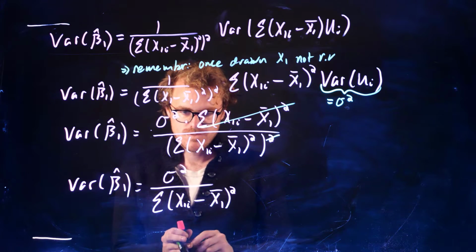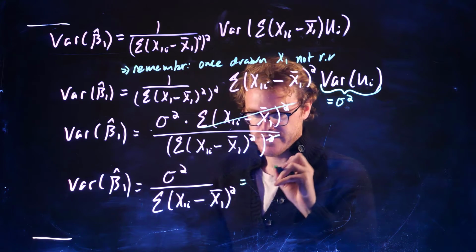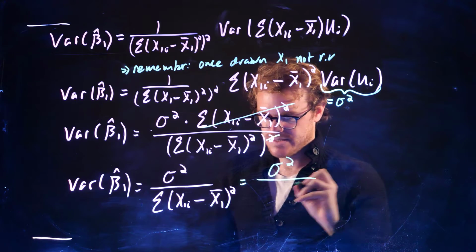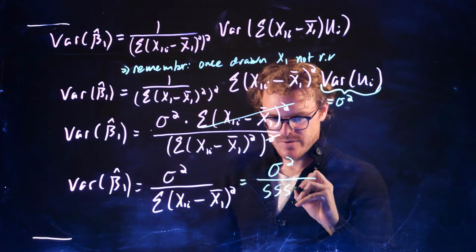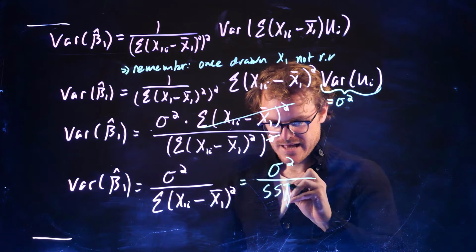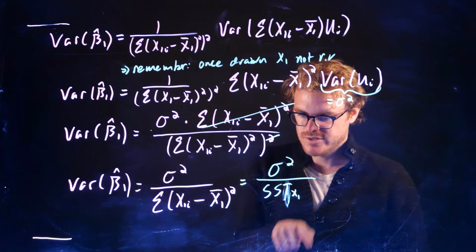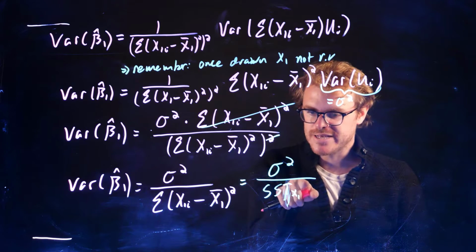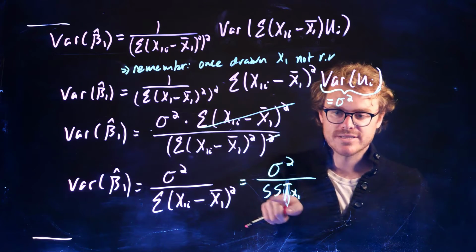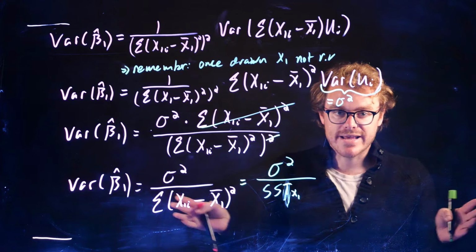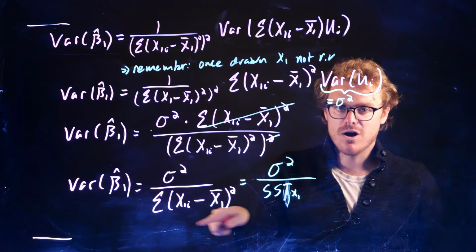An alternative way to think about this is sigma squared over the SST of x1, the sample variation in x1. Notice that the bigger the variation in x1, the smaller the variance.